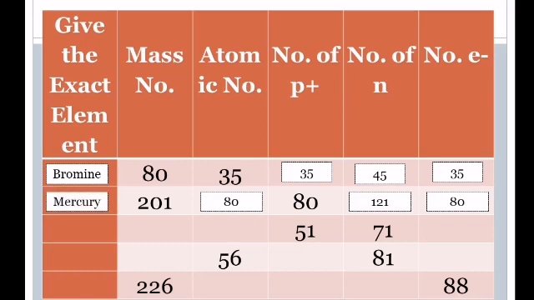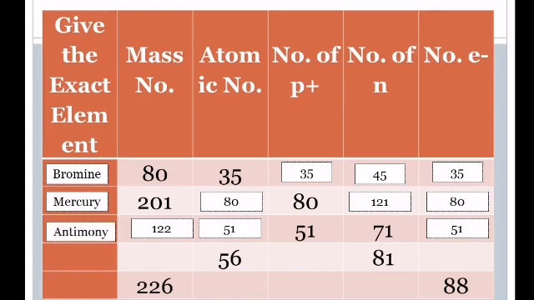You have mercury. Now let's proceed to the third element. You have 51 atomic number, 51 number of electrons, and you have 122 mass number, and you have there antimony.